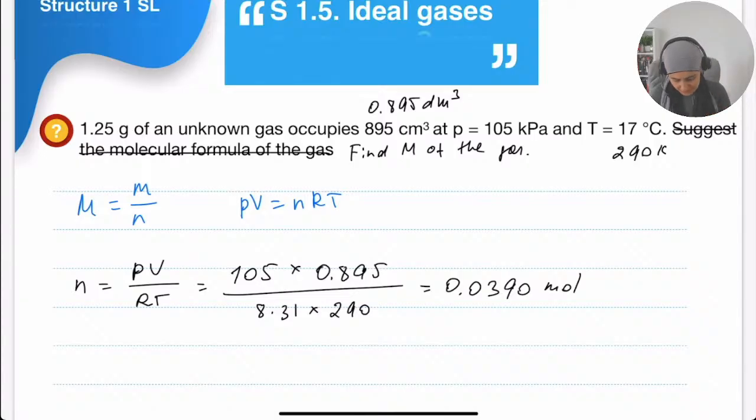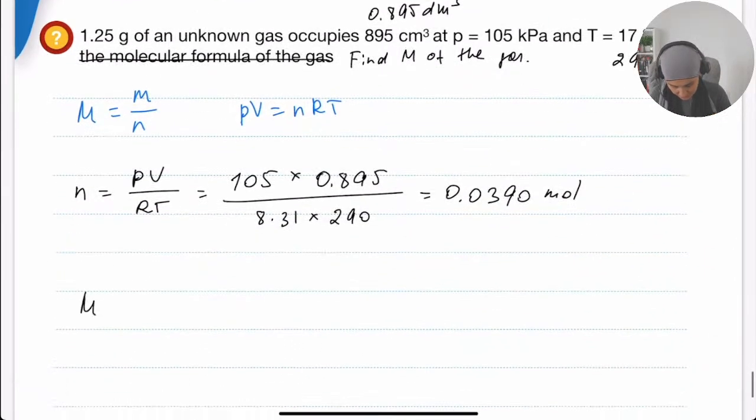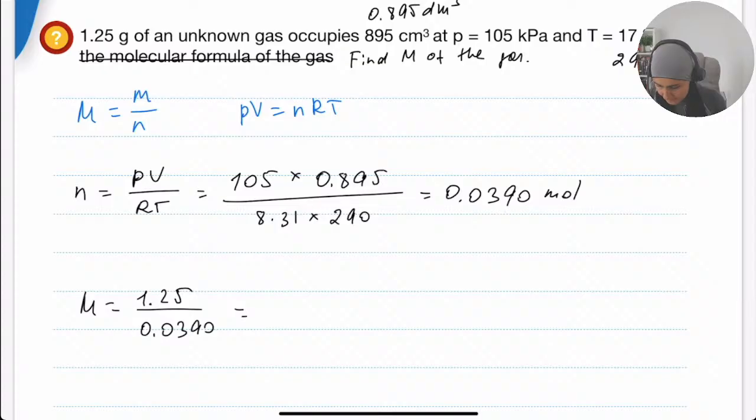And then I plug it into the first equation to find molar mass. So that's mass divided by moles: 32.1. That's a good molar mass. If you get something like 32,000 or 0.0032, that means you messed up the units. Done.